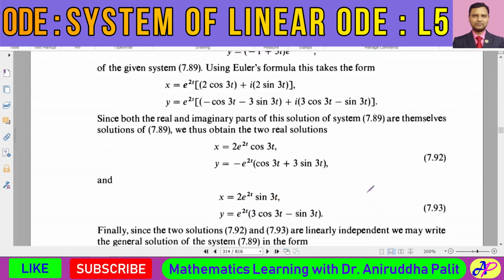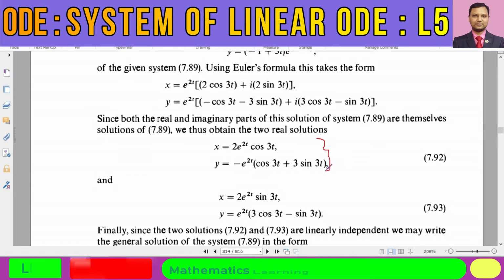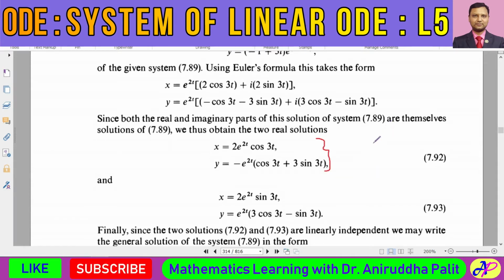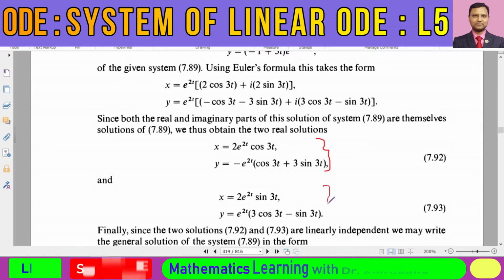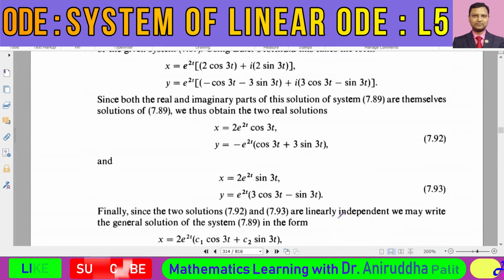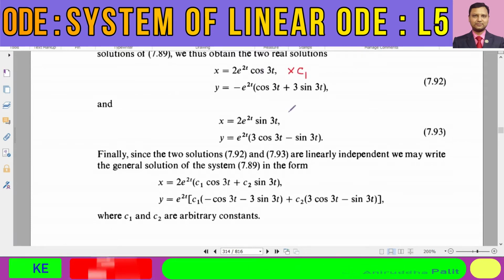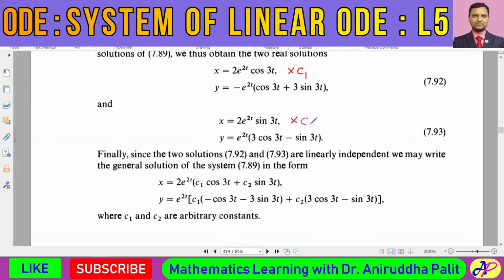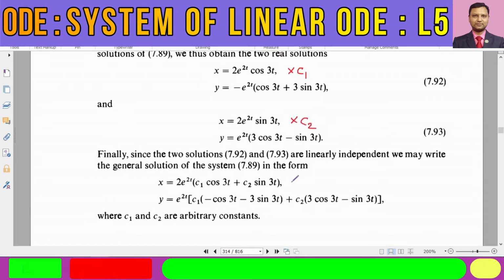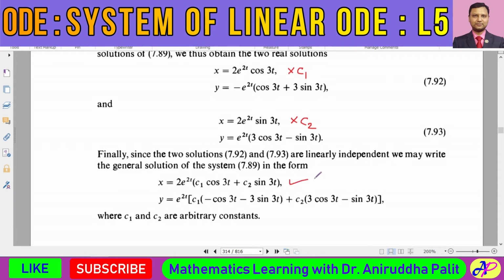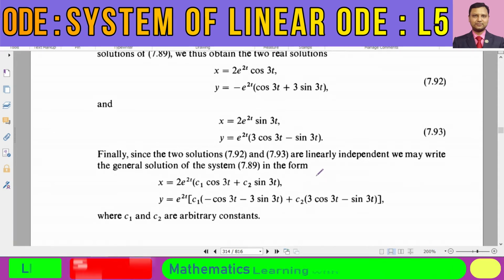So these two expressions are formulated from the real part of the complex solution, and these two expressions are formulated from the imaginary part of the complex solution. Got it? And therefore we can take the linear combination of these two solutions. C1 multiplied by this expression plus C2 multiplied by this expression would give us the general solution of x.